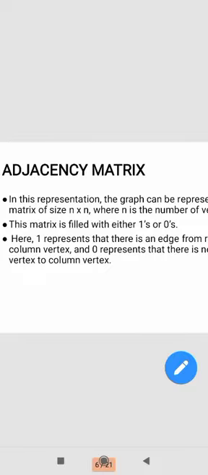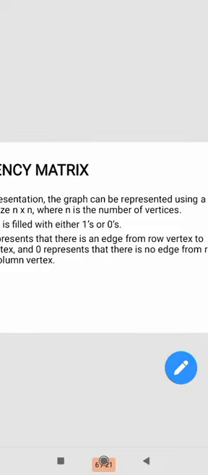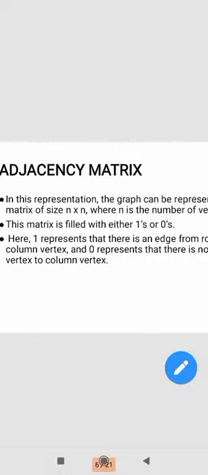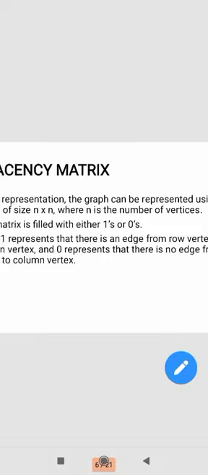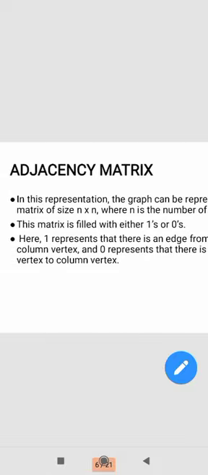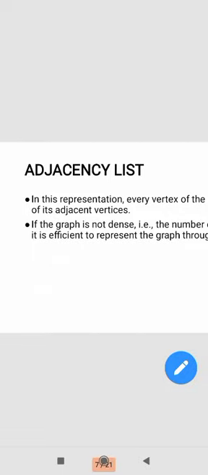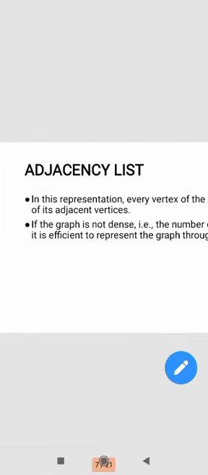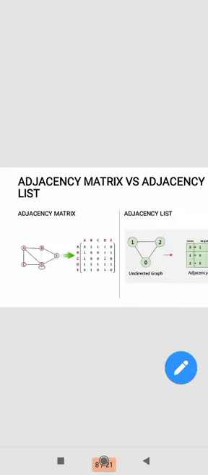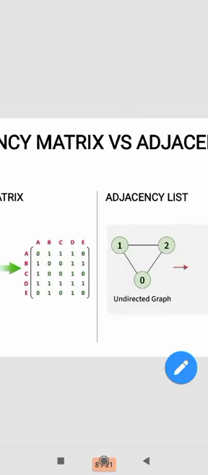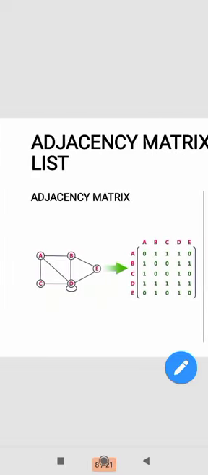One represents that there is an edge from the row vertex to the column vertex, and 0 represents that there is no edge from row to column vertex. Similarly, in the adjacency list representation, every vertex of the graph contains a list of its adjacent vertices. If the graph is not dense, the number of edges will be less. We can see an example of adjacency matrix versus adjacency list.